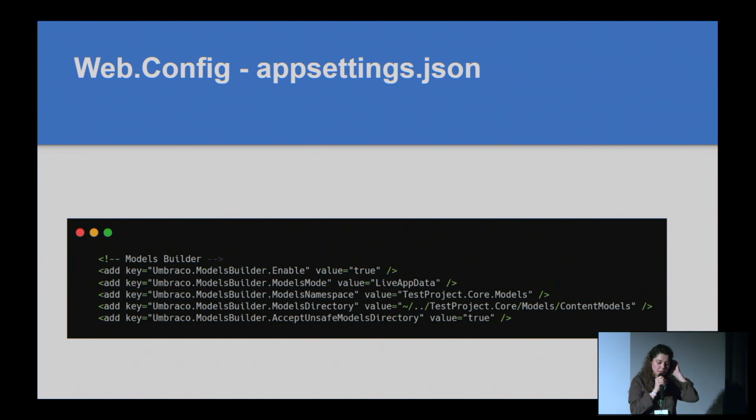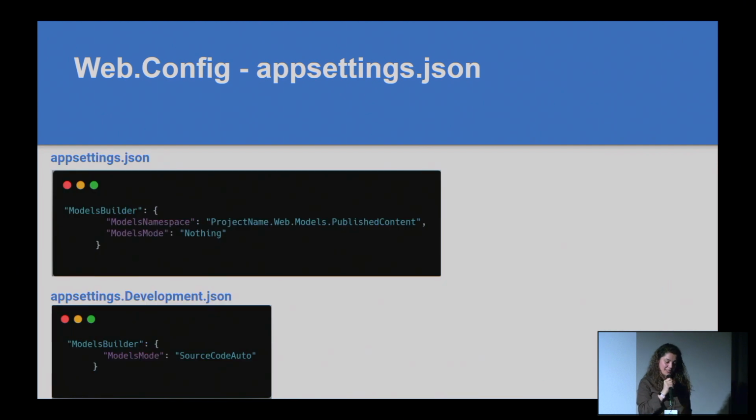We also like to give namespaces to all of our models, and the directory they need to live under, and an except unsafe models directory, which is true. I have no idea why we added that, sorry.